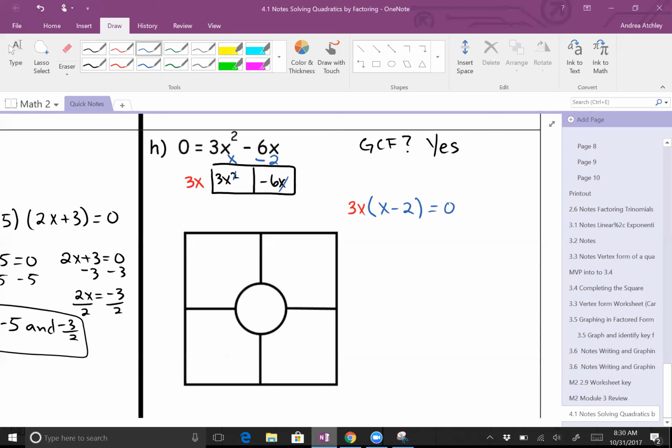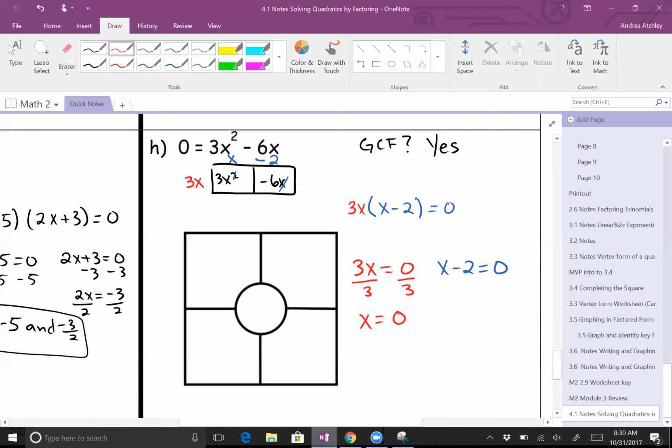So just like before, I'm going to separate my two factors and set them equal to 0. So 3x equals 0. And then x minus 2 equals 0. Here I divide by 3, divide by 3. What's 0 divided by 3, class? 0.